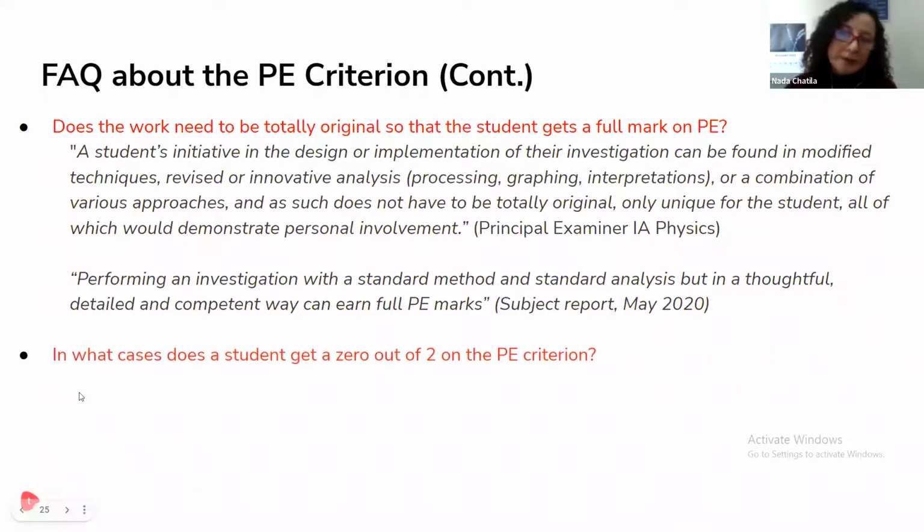Another question: in what cases does a student get a 0 out of 2? Very rarely. The student has to do a lot of work in order to receive 0 out of 2.